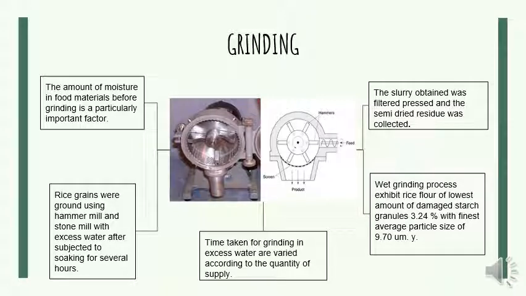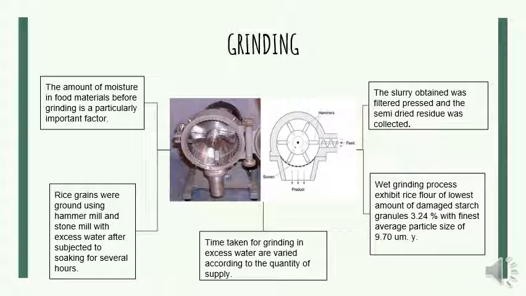So in the wet grinding technique, rice grain was ground using a stone mill with excess water after being soaked for several hours at a rice to water ratio of 1:1. The slurry obtained was filtered and pressed, and the semi-dry residue was collected. The time taken for grinding in excess water varies according to the quantity of supply.